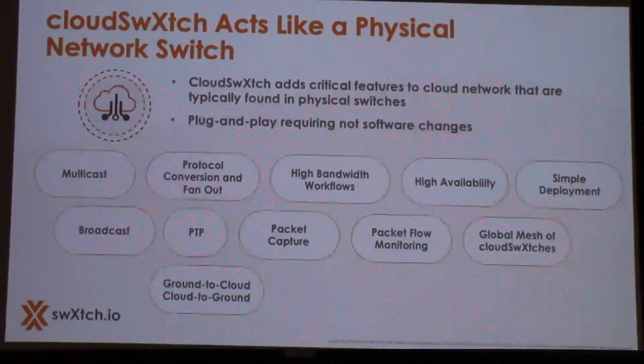So at this point, just to recap what we talked about so far. The set of features that we ended up with by iterating on the product and working with customers: multicast support, protocol conversion, high availability, and 2 things that we didn't talk about.